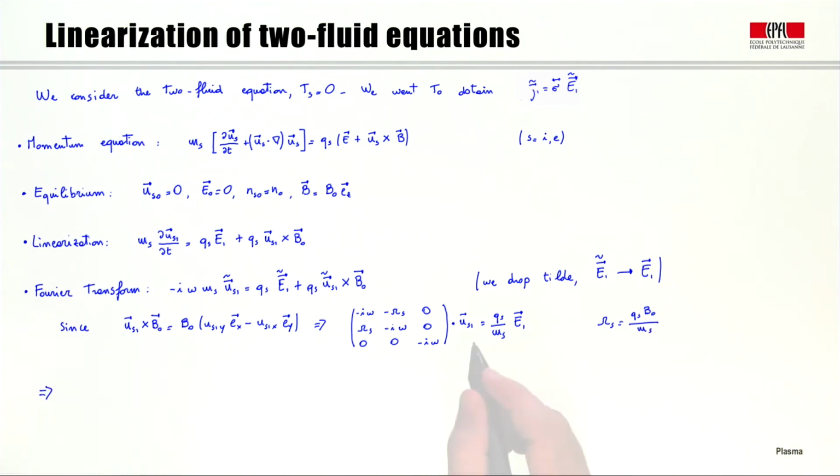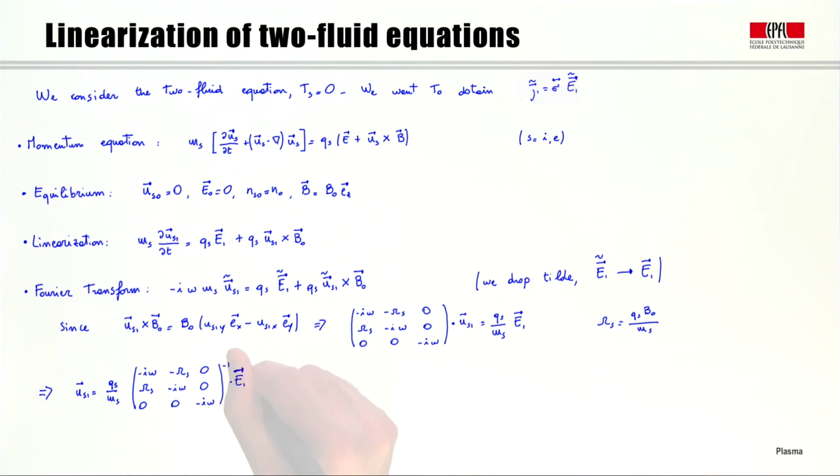Therefore, we can explicitly write u_s1 by inverting this matrix here. u_s1 will be equal to q_s over m_s times the inverse of this matrix here. And the inverse of the matrix times q_s over m_s can be defined as a tensor mu_s times E1, where this tensor mu_s is equal to q_s over m_s times the inverse.